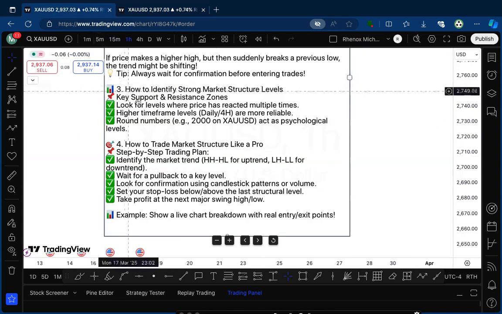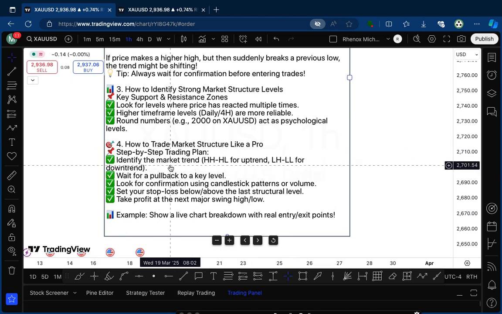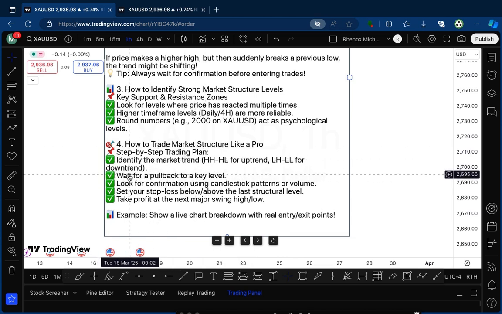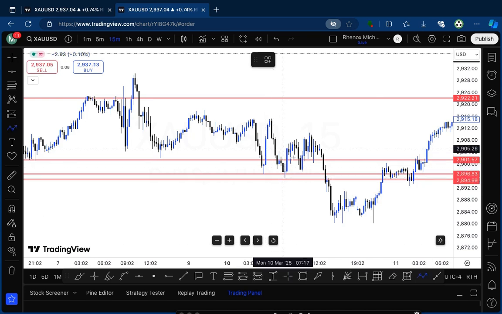Okay, now we have identified our market trend, which is the higher highs and higher lows. Now for us to take wonderful trades, we want to always wait for pullbacks. That is, those comebacks, we have to wait for them.